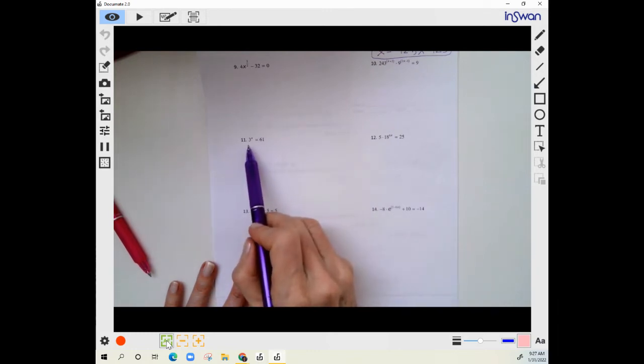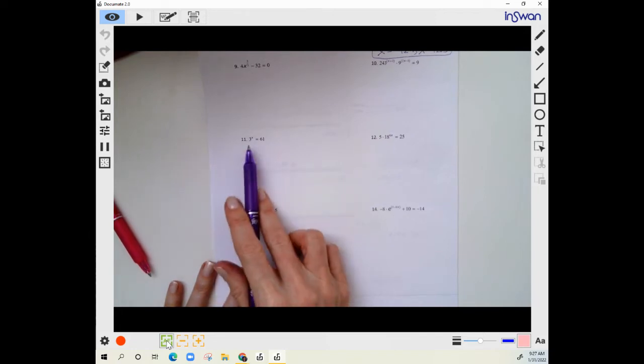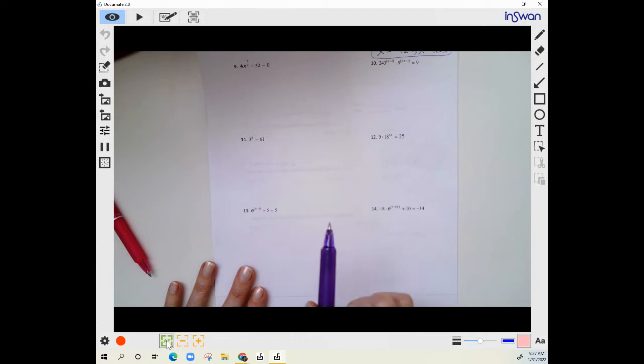So if it's exponential and the bases cannot match, then you put a log or a natural log on both sides. So when I say log, that means common log, log base 10. If the base on either side was e, we would have to use natural log. But because the base on either side is not e, we can choose natural log or common log, and it doesn't matter.